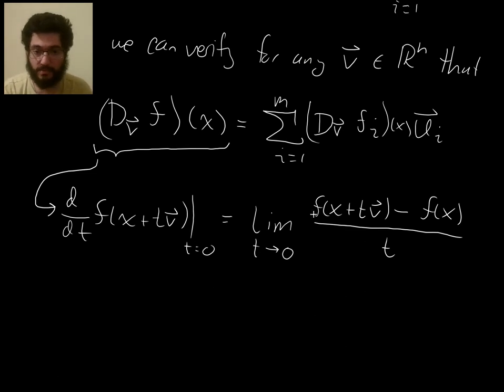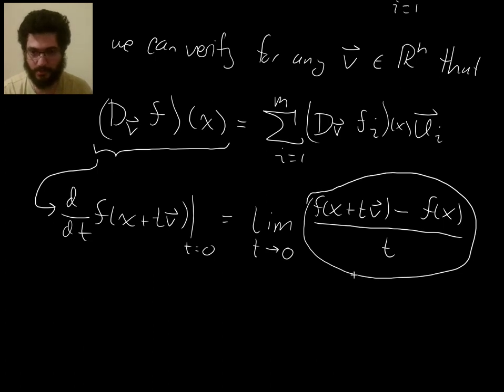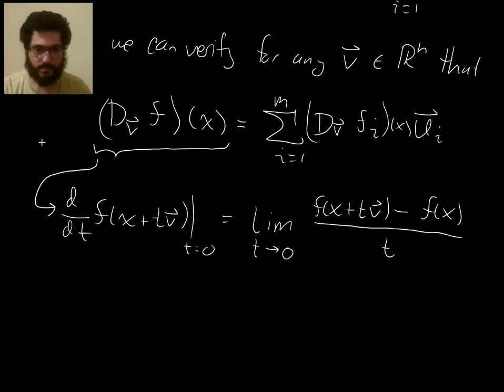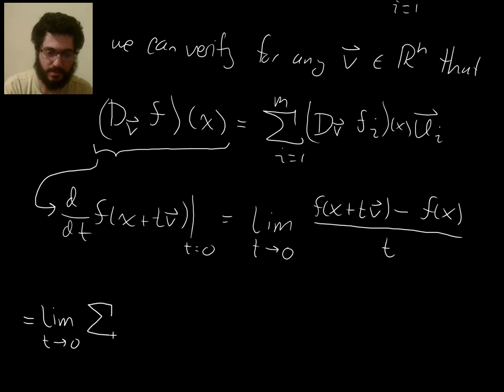Okay, so now f is a function with multiple components, right? So this thing here is an m-tuple valued function of t. So that means it could be decomposed into its components. Let me express that this way. It's a sum of its components.